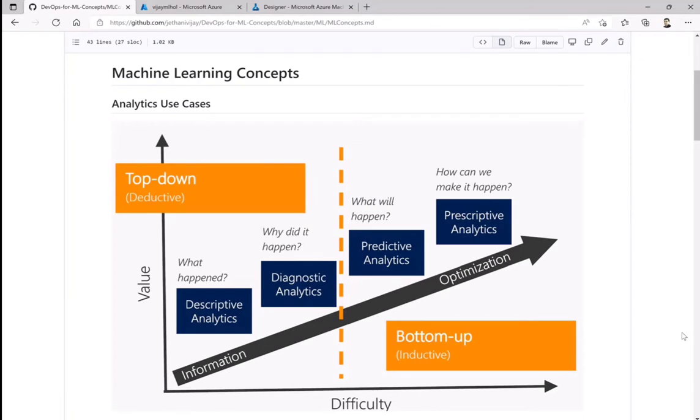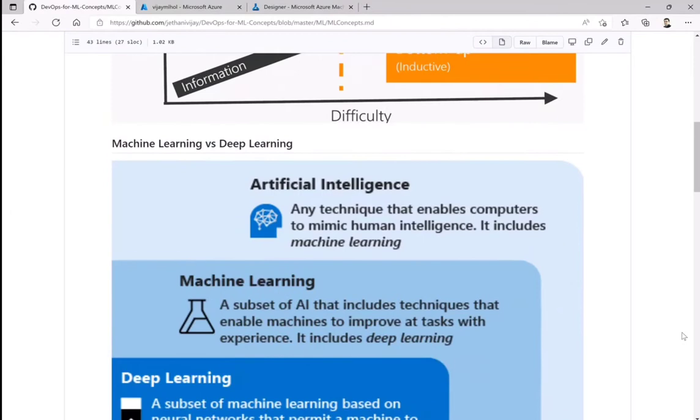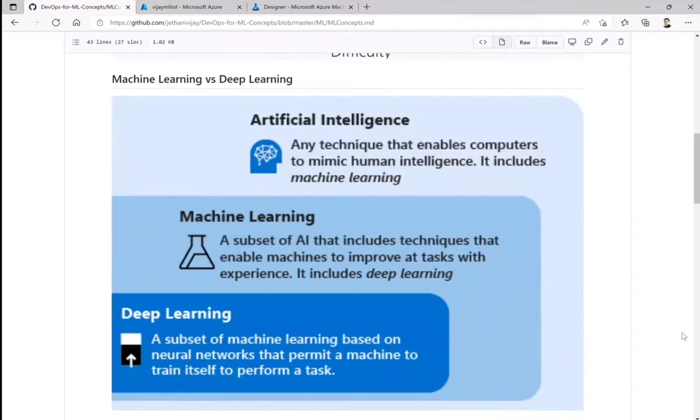Okay, so this was a broad overview of analytics and where your use case will fit in all of these four categories. Now, moving further, we hear a lot about machine learning versus deep learning. So what are they? From an AI perspective, something which copies or mimics human intelligence is artificial intelligence, or AI.